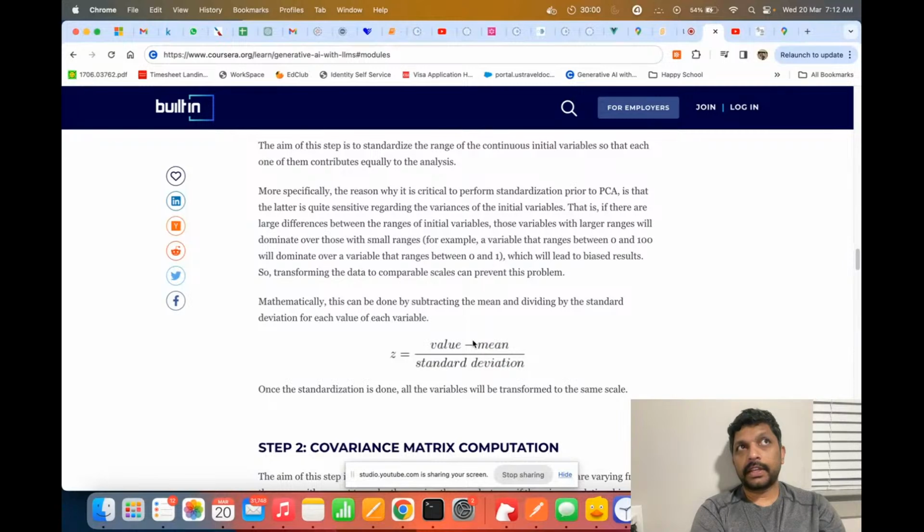Standard deviation gives us the average distance of the points from the mean, is what we discussed, right? So what happens if each value is divided by that average distance? Now what happens if you calculate the standard deviation of these new numbers?